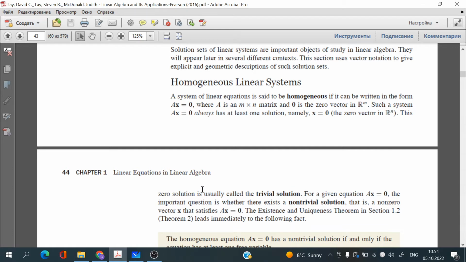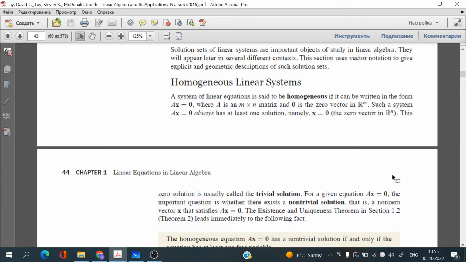When we get a solution like x = 0, it's called a zero solution, and we can also call it the trivial solution. It is guaranteed that your system Ax = 0 has at least one solution.